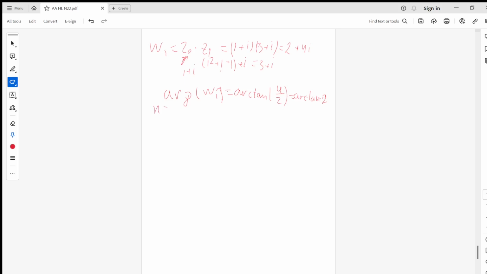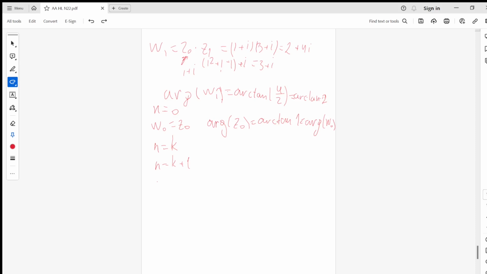If n is equal to 0, then W0 is just Z0, and we proved for that that the argument of Z0 is just arctangent 1, so it's equal to the argument of W0. Okay, so let's assume it's true for n equal to k, and we need to prove it for n equal to k plus 1.